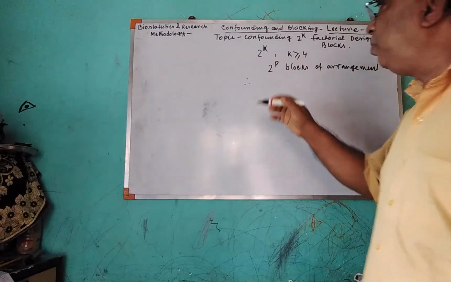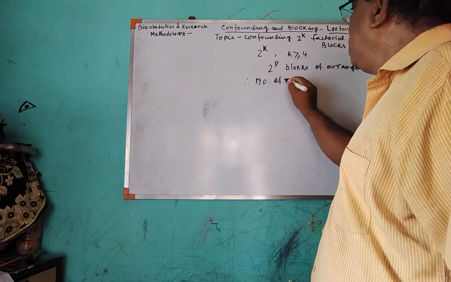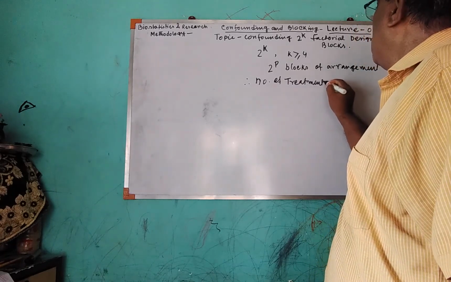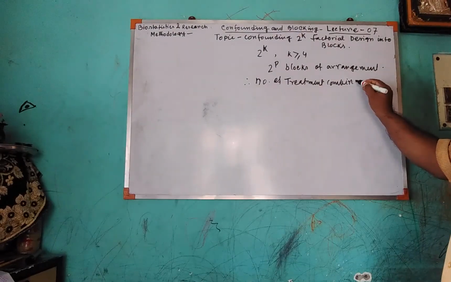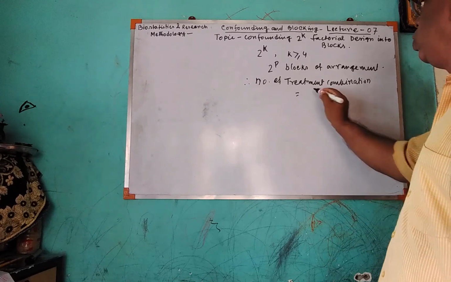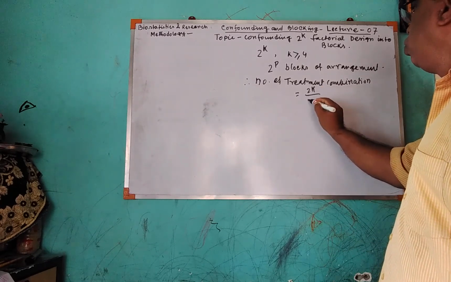So the number of treatment combinations is equal to 2 to the power k divided by 2 to the power p.